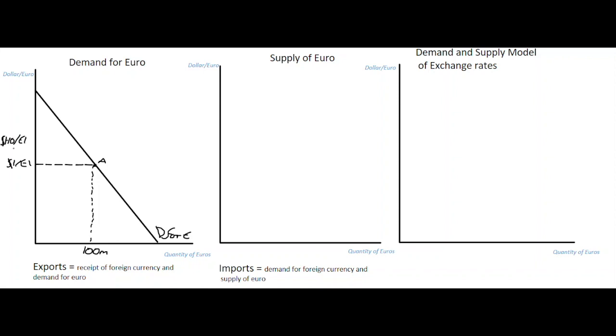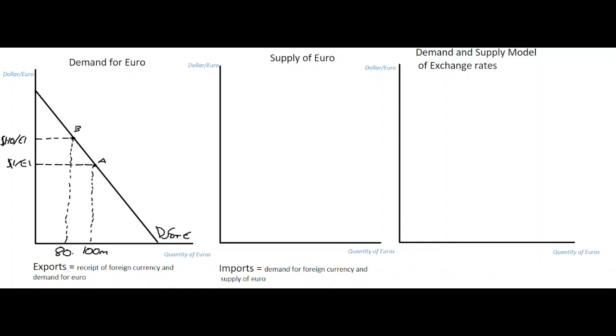So that would represent an appreciation of the euro, where €1 now gets $1.10, in which case we move to point B on our graph. And at point B, what we see is the demand for euro is less. So we'll put that down at 80 million.